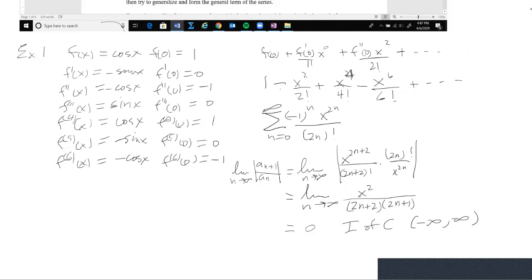So we have a series that represents the function, but we don't know if it actually converges to that function for all x. That has to be determined. We'll talk about that idea next.